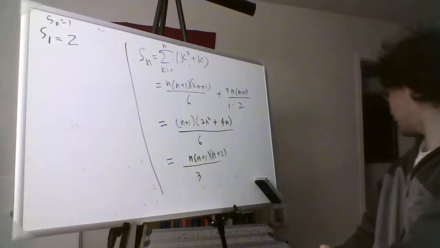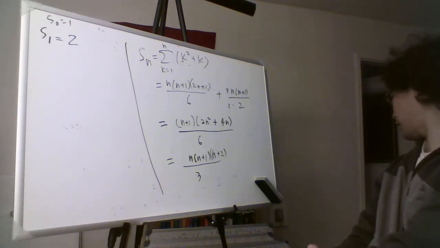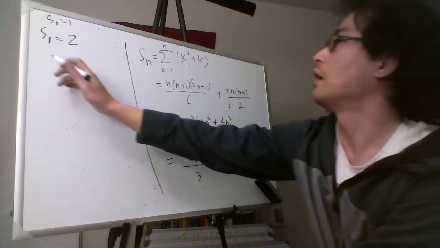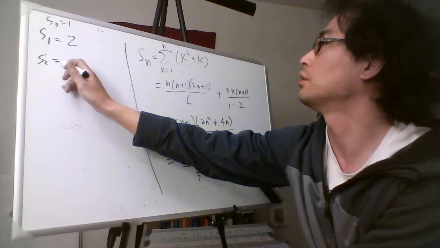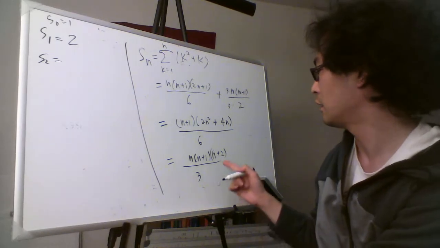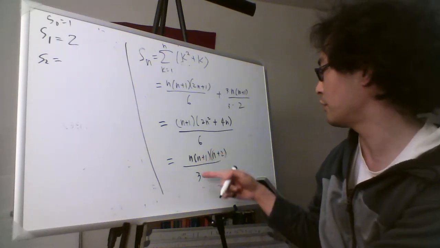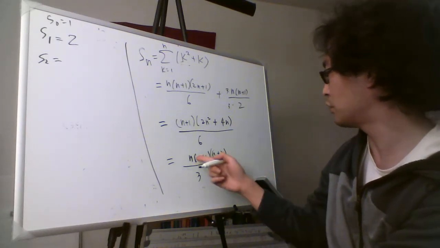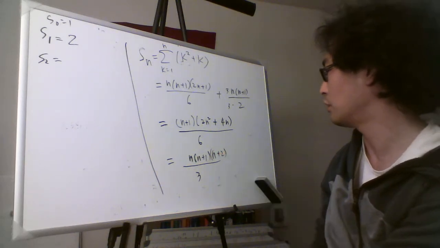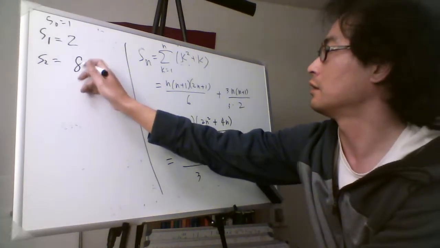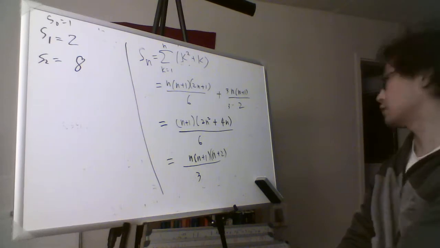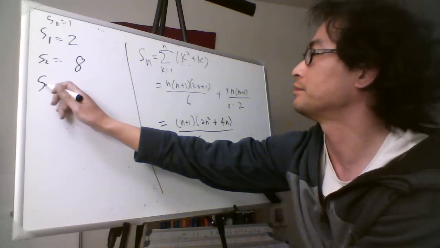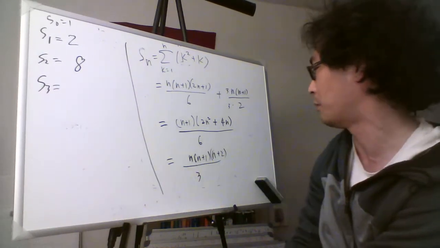Is it correct? Yeah, so far so good. S2: 2 plus 1, 3, 3, bingo. 2 times 2 plus 2, 8. Is it correct? Yes. S3. Okay, we are on a roll, baby.